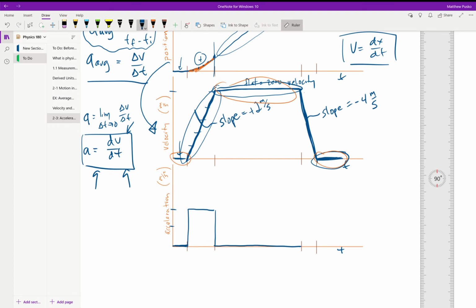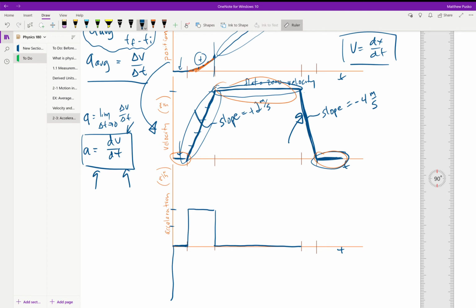Now you might notice that this slope is negative and a little bit steeper than the one on the left. Well, that means it is coming to a stop more rapidly than it accelerated in the beginning. The magnitude of its acceleration is greater. It's just in the other direction. So how do we represent that? Well, we just come down here on the negative scale.